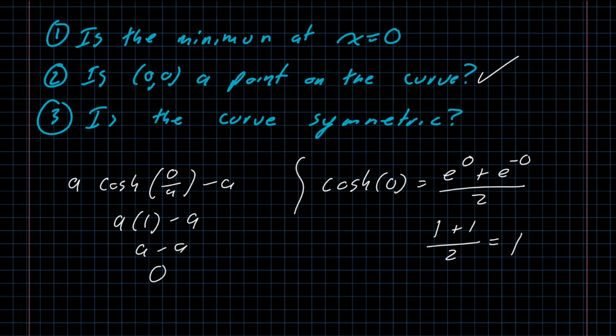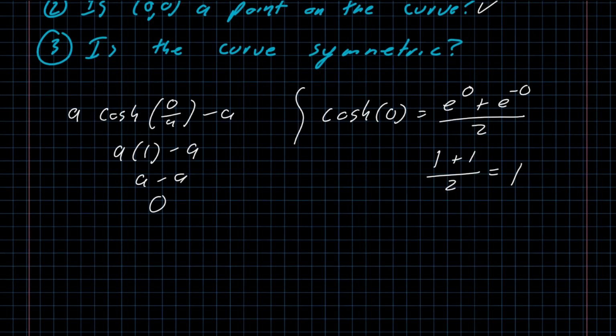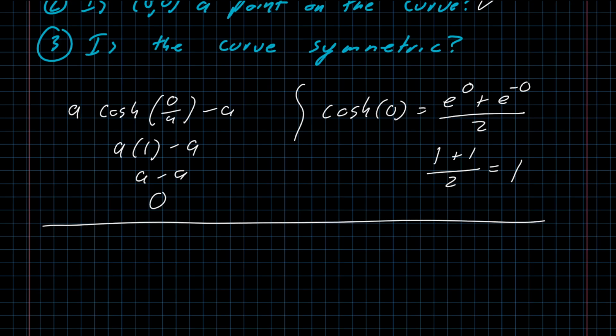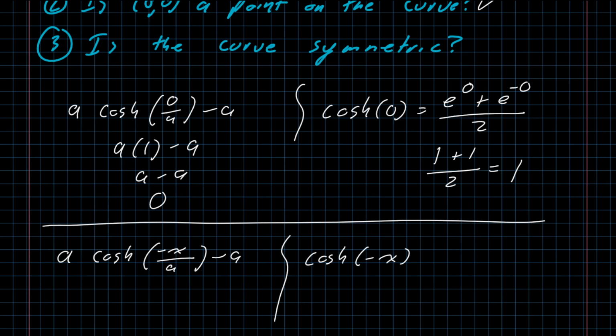Is the curve symmetric? Well, mathematically, when we talk about whether something is symmetric or not, we're generally thinking about even functions. So if I take a times cosh of minus x over a, minus a, well, let's come off to the side this time and look at what happens in cosh of minus x.